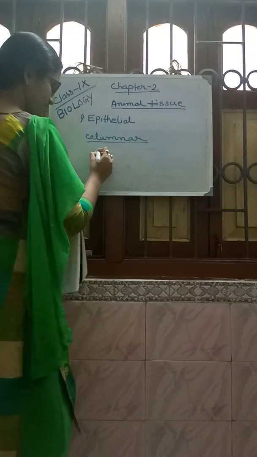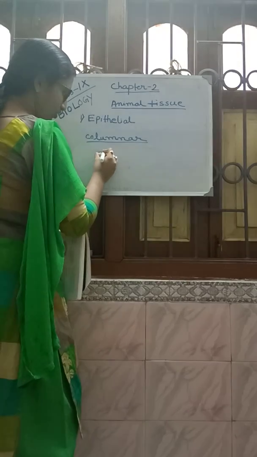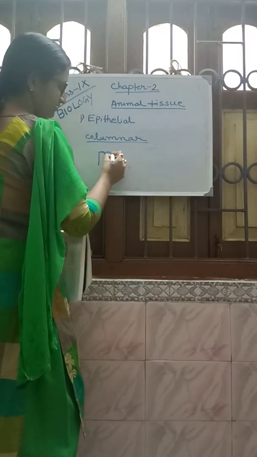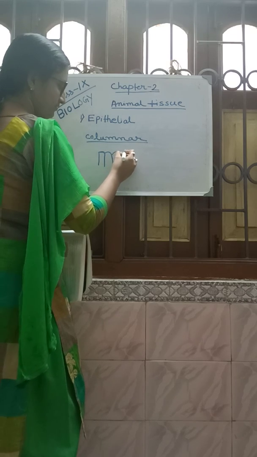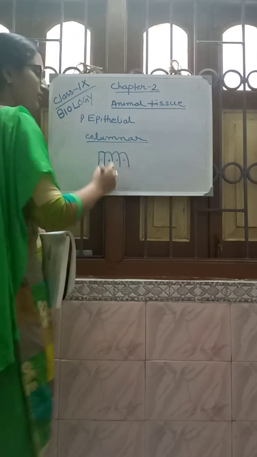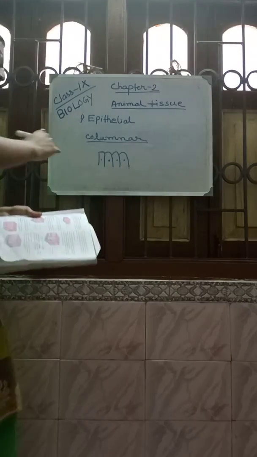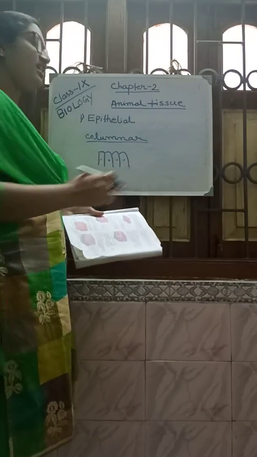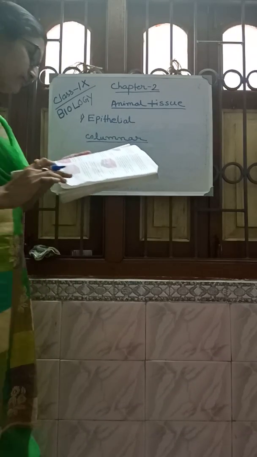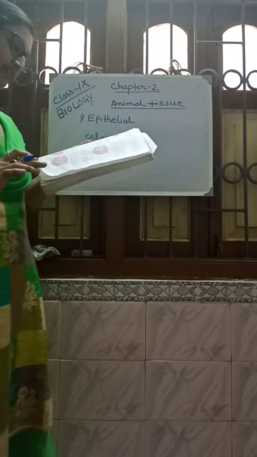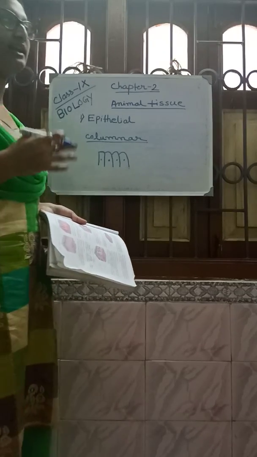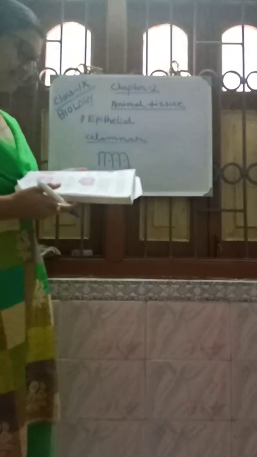Long, tall-shaped structure. Columnar epithelium is found in the inner lining of the stomach and intestine, where absorption and secretion take place.